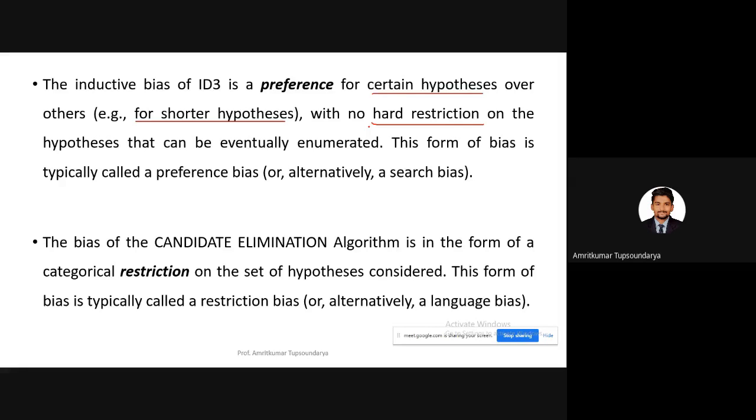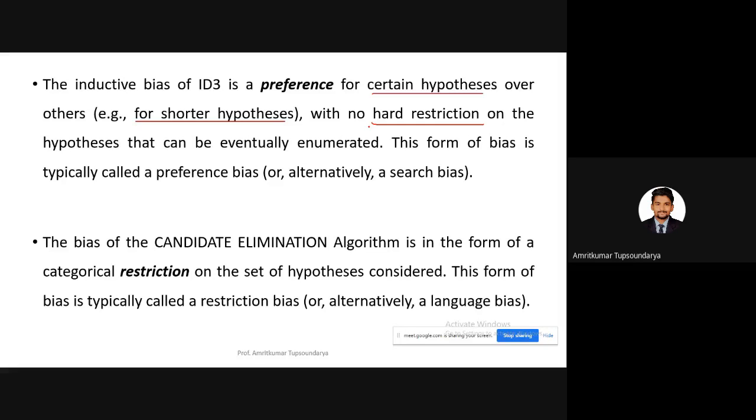Now, what can be the restriction? If you recall when we discussed the different types of hypotheses, restrictions are nothing but constraints, the few values to which we are restricting it, the values for some attributes. For example, in the previous example that we took, playing tennis, we have different attributes.